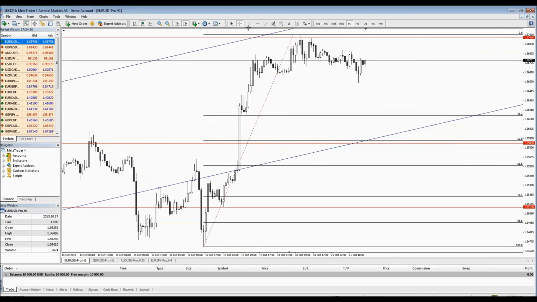This level, it made a false break to the downside. You see? This can be treated as a neckline, 37.58.55. But it only went to 36.50 after it was bought.